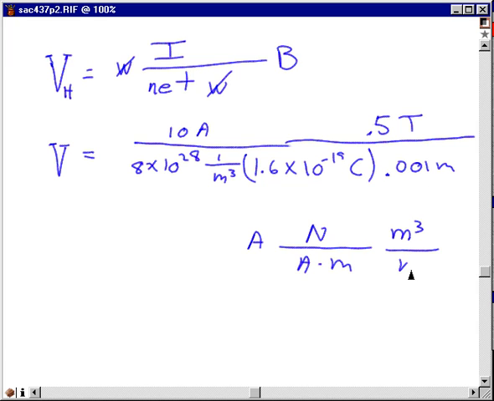We got meters downstairs, and then coulombs in the denominator as well. So I got meters squared down there, canceling that out. So I wind up meters cubed divided by meters squared is just meters. The amperes cancel out. A Newton meter is a joule, so we get joules per coulomb, which is volts.